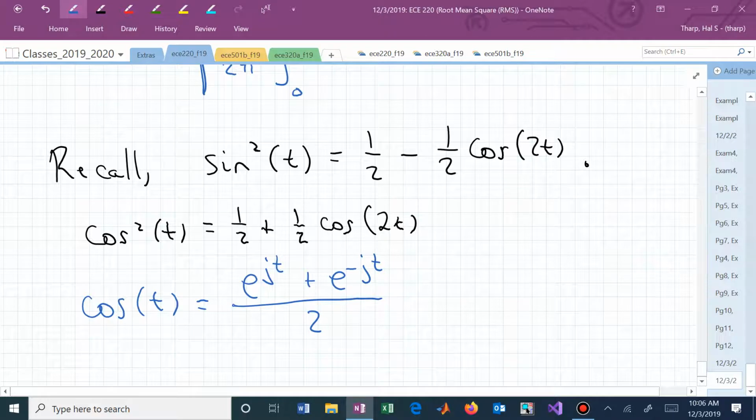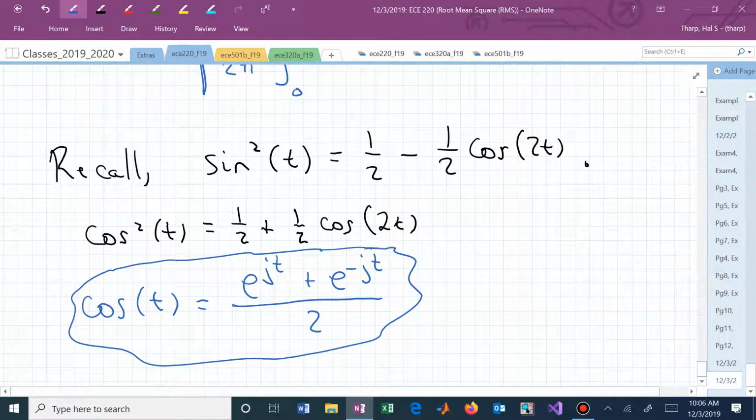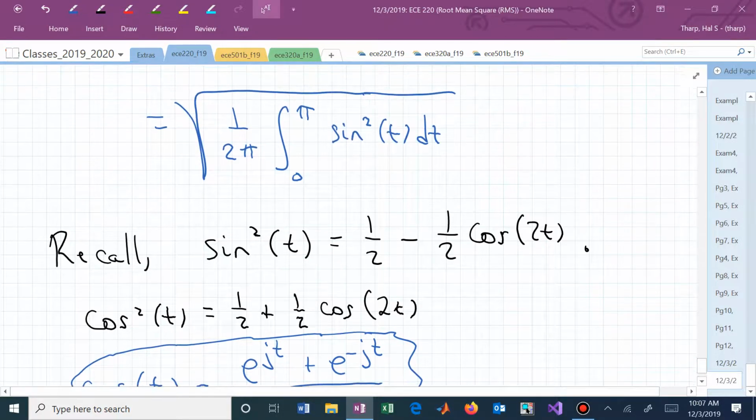If you simply use this and square it, you should be able to derive those right-hand sides and convince yourself that cosine squared is 1/2 plus 1/2 cosine of 2t, or sine squared is 1/2 minus 1/2 cosine of 2t.